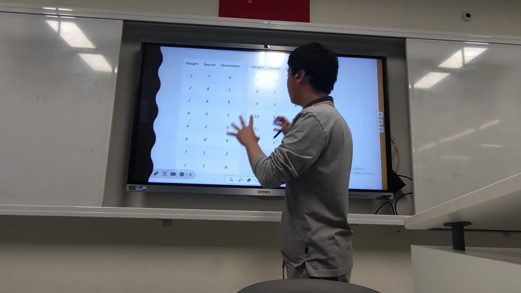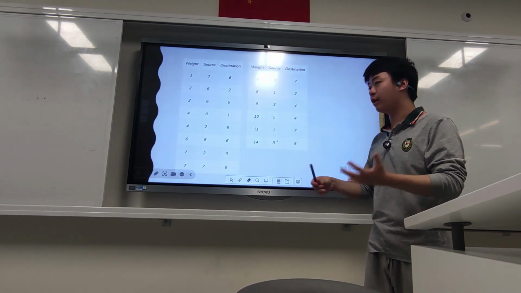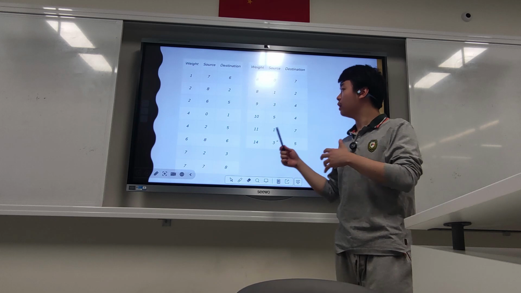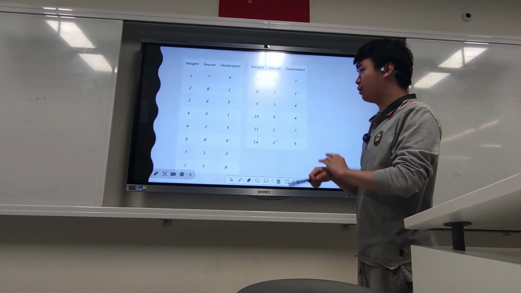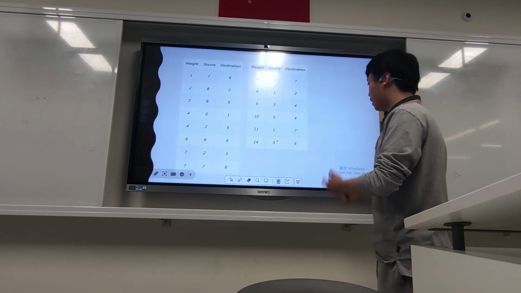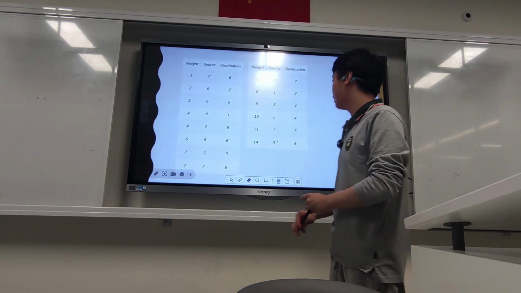Because you cannot have a cycle inside your tree, whatever tree it is, your spanning tree will not contain cycles. If they have cycles, they will not be trees.